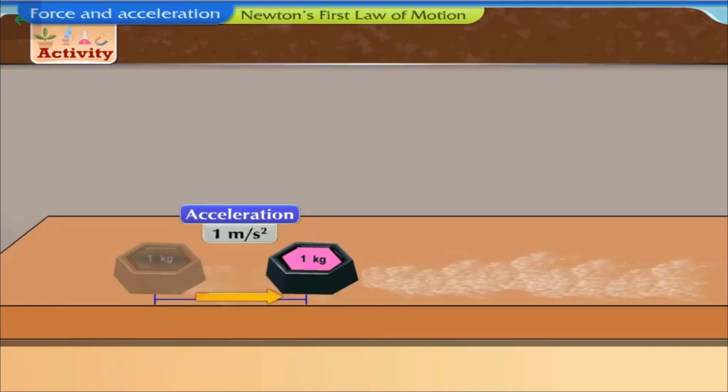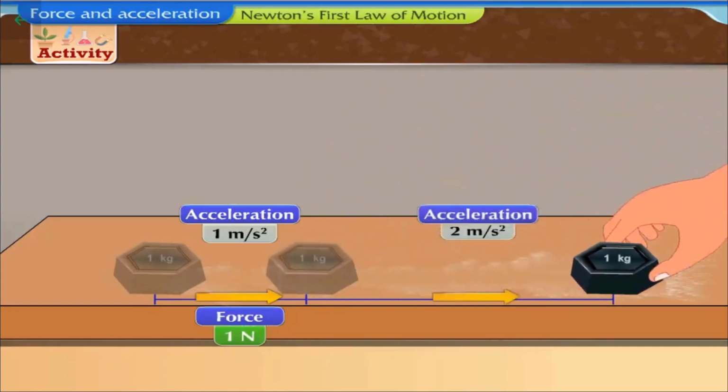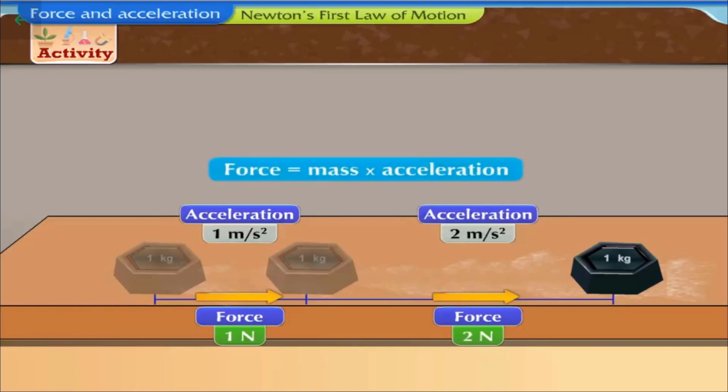Since the 1 kilogram weight is pulled with 1 meter per second square, the force applied is 1 Newton. Let us now pull the weight with 2 meter per second square. This means that the force applied is 2 Newton. From this, you must have surely understood that force is measured by the acceleration that it produces. Force is equal to mass into acceleration.